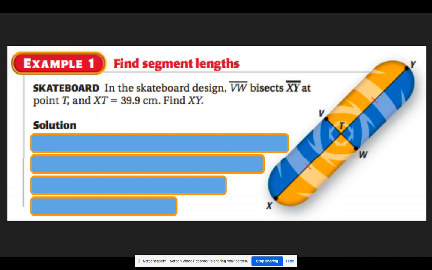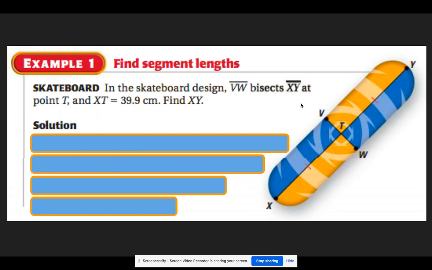Okay, so let's say we're looking at a skateboard, and we've added geometry on top of the skateboard because everybody does that. Line segment VW goes horizontally, along the short side of the skateboard. Line segment XY goes right through the middle, long ways, down the skateboard.